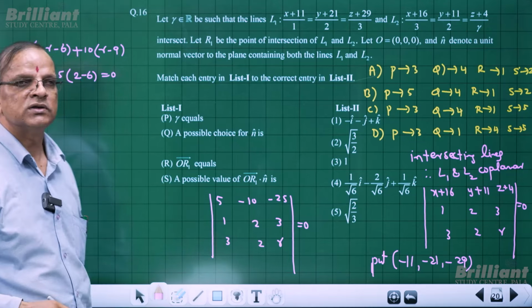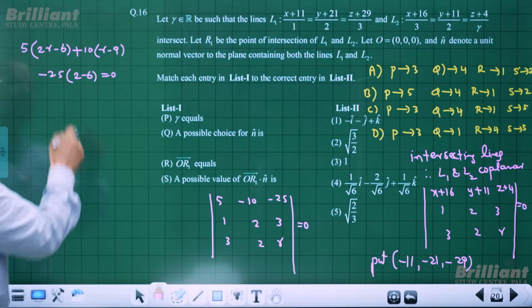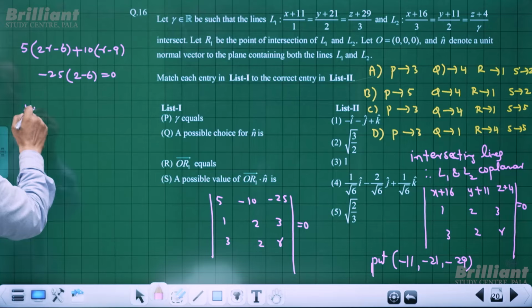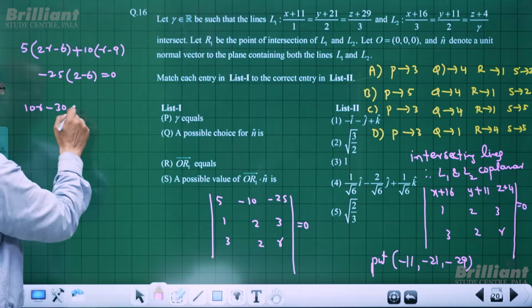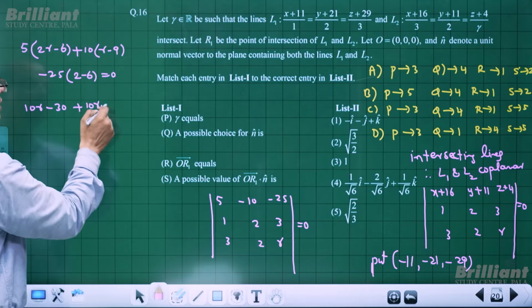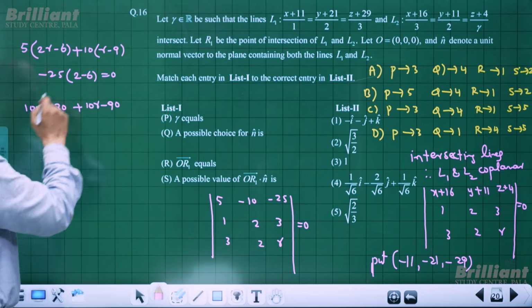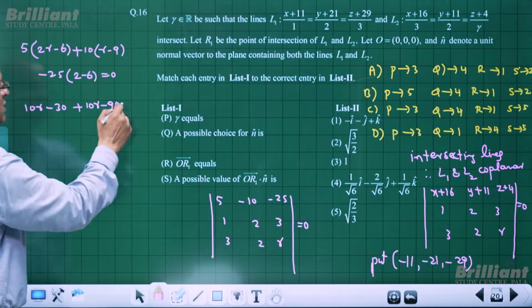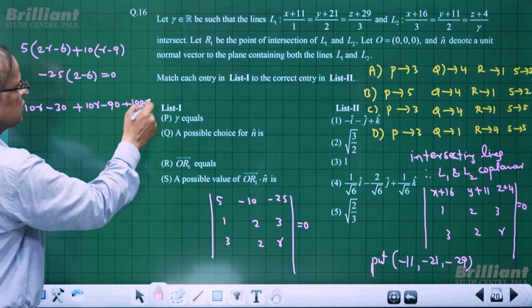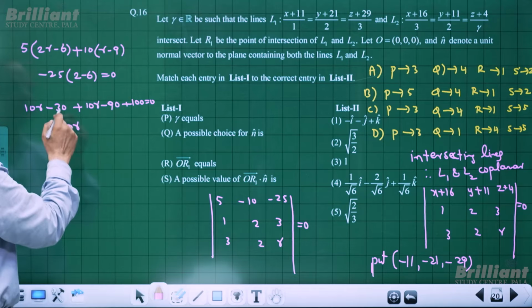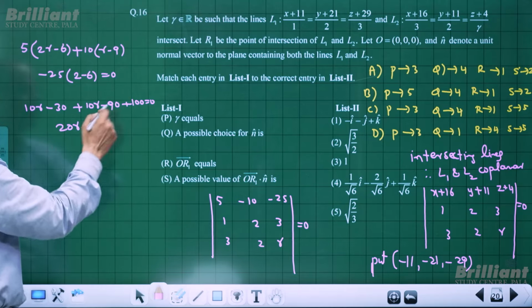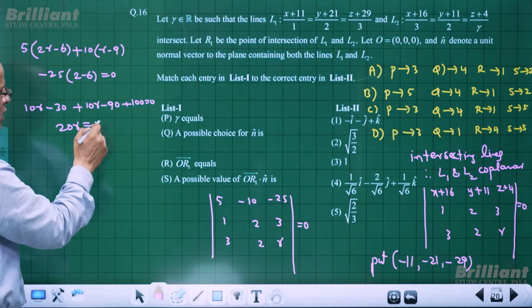So, now this is 10 gamma minus 30 plus 10 gamma minus 90, and here this is 400 plus 100, is equal to 0. This is 20 gamma, this is 120, 100, so it is equal to 20.